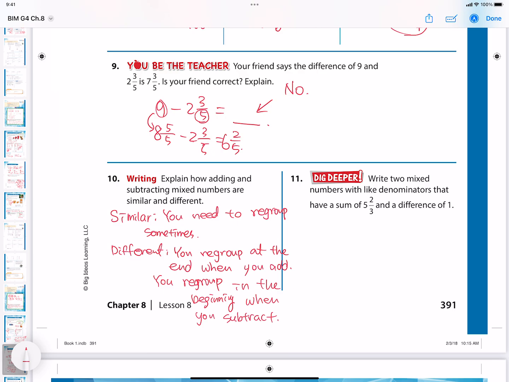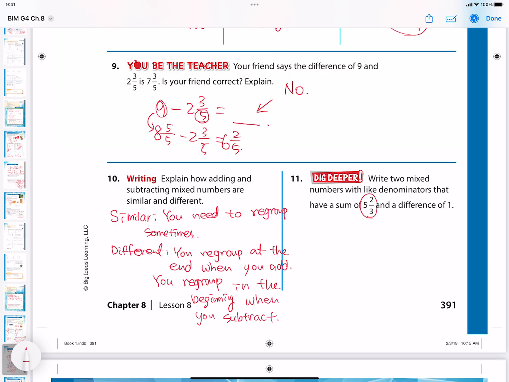Okay, that's the difference. Write two mixed numbers with like denominators that have a sum of 5 and 2 over 3 and a difference of 1. This is Dig Deeper, so you need to think. You can just guess and apply, then check.